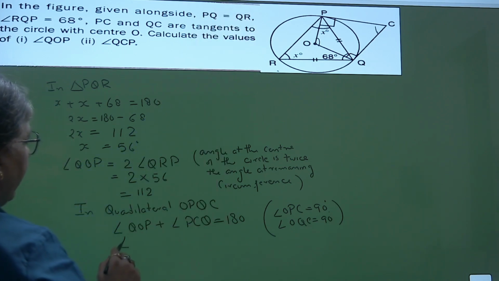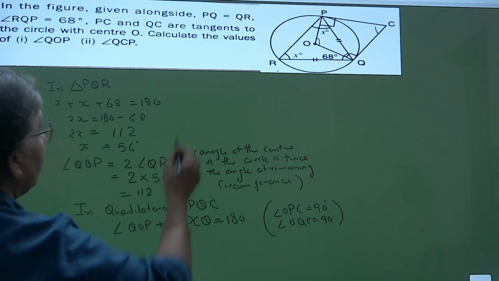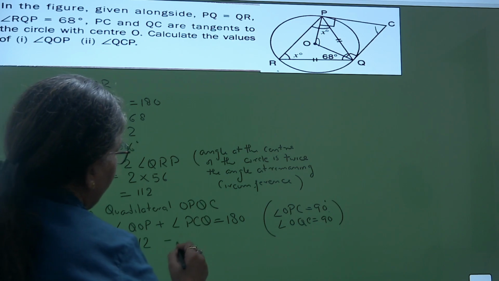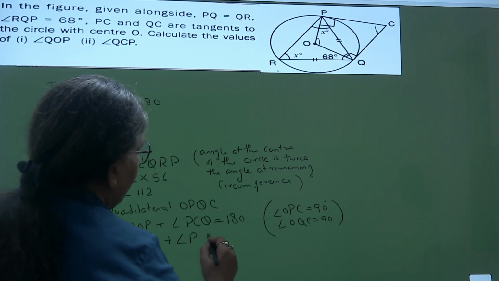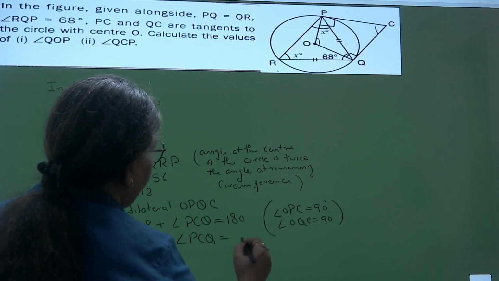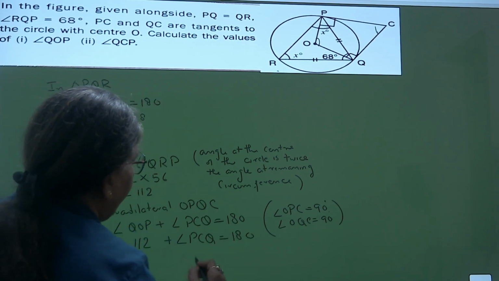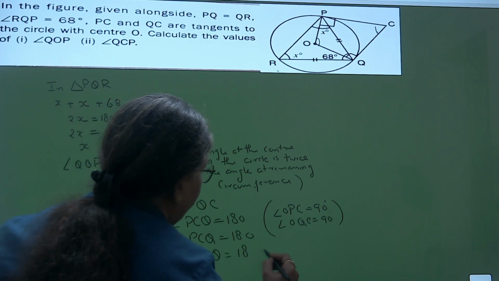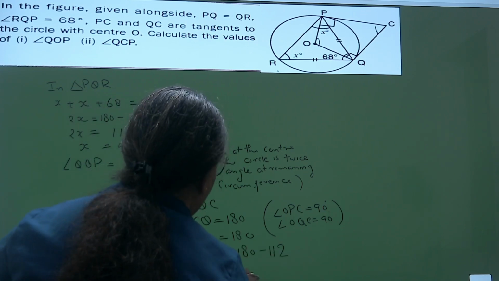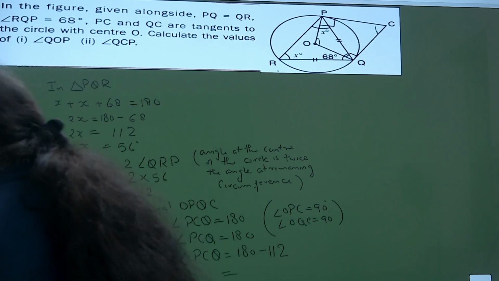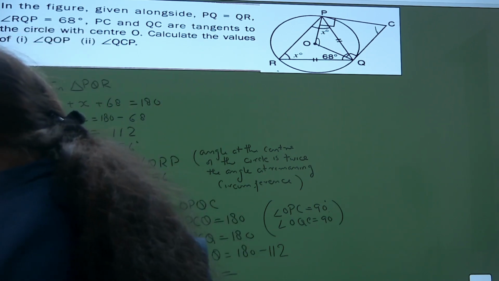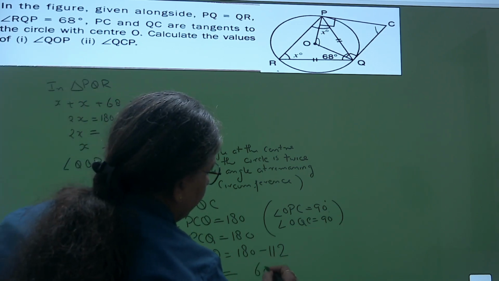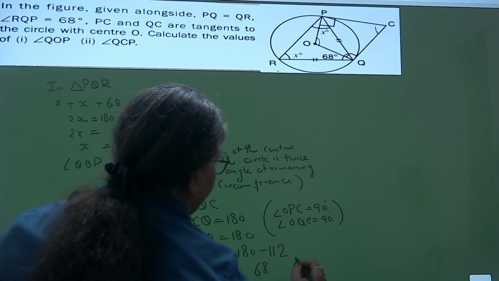It is 112, plus angle PCQ will be 180. Then we find the angle PCQ. 180 minus 112, you subtract it and get the answer. 68 degrees is the answer.